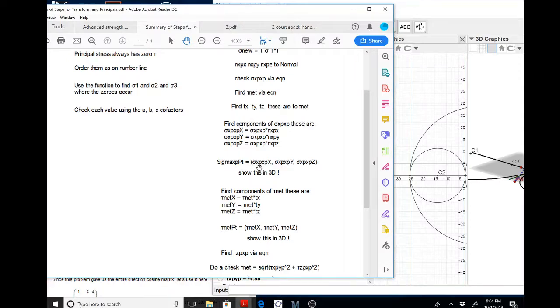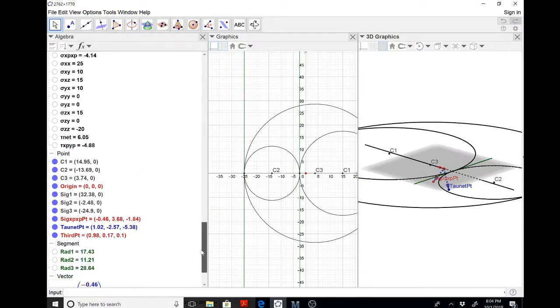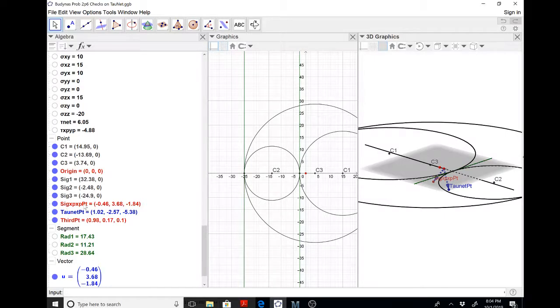Okay, how did I show this in 3D? I actually didn't, I missed that step a little bit, and here's another small subtlety. It's as simple as this. Sigma x prime x, the x component of that, is simply sigma x prime times the direction cosine to the x. And the y part is just that easy. So when I plotted this in GeoGebra here, that sigma point, and remember you have to use a capital letter here, notice what I did here, sigma x prime point.